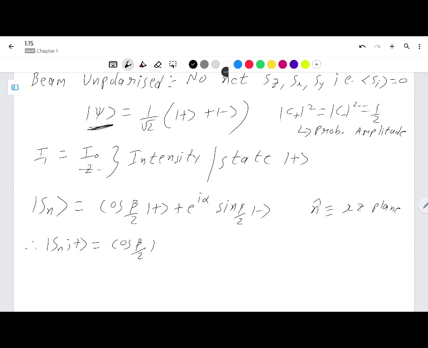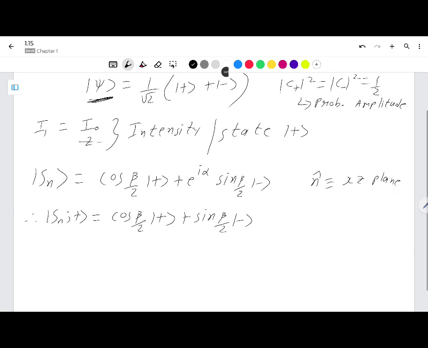So your state is only this. From that also we are taking only this part, because this will be the plus ħ/2. The minus one is blocked.